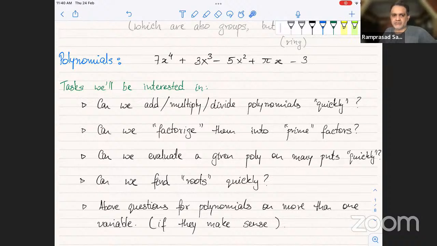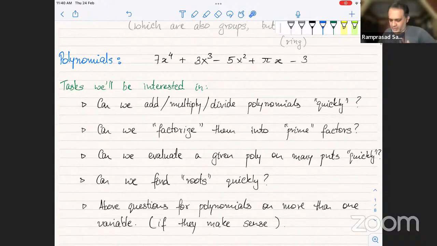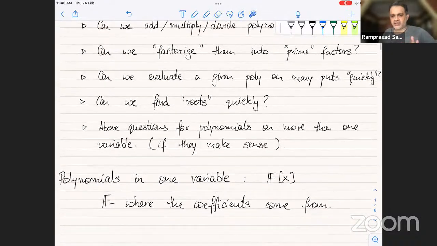Okay, so for now, I'm going to deal with polynomials in one variable, and it's often referred to by this notation F[x], though it will become clear soon enough what this notation means. Just think of it as, this is the place from which your coefficients come from. And this just indicates that you're looking at polynomials in one variable.